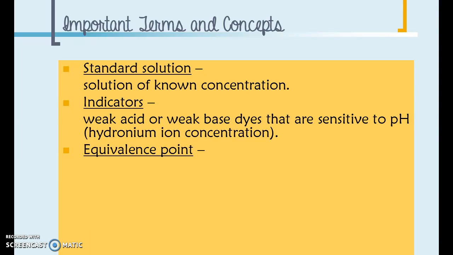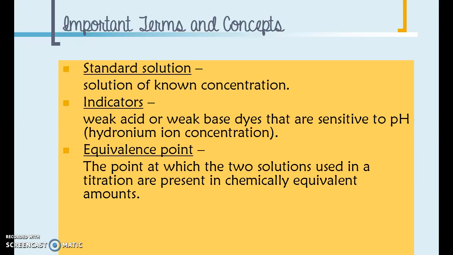You did those little mini ones in your well plates where you were waiting for that color change to occur. It might have been hot pink, it went to light pink, and then it disappeared. Whenever the color change occurs, we're at what's called the equivalence point. The equivalence point is the point at which the two solutions that are titrated against each other are both present in equivalent amounts within the container that you're reacting them.